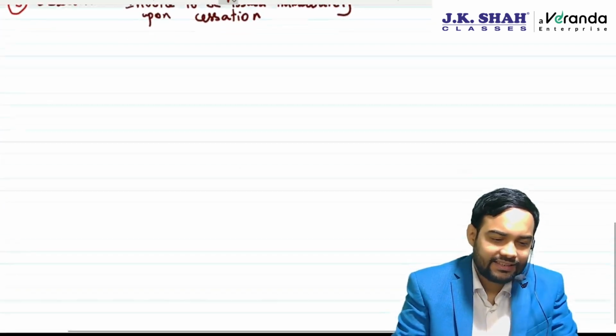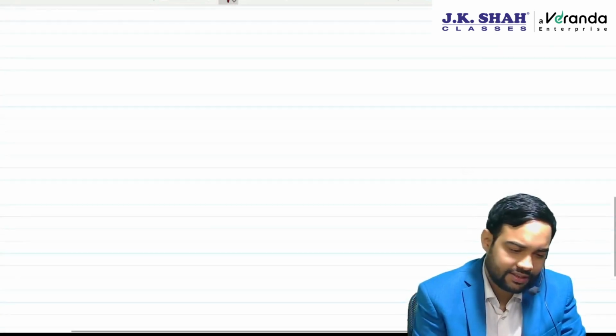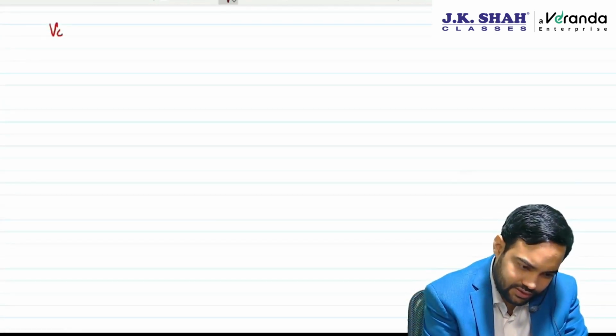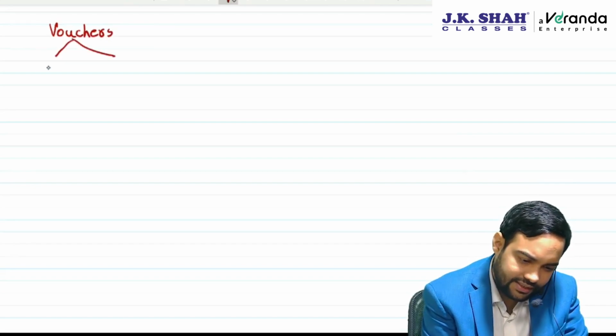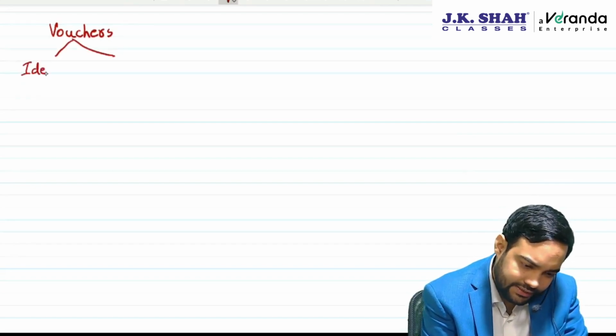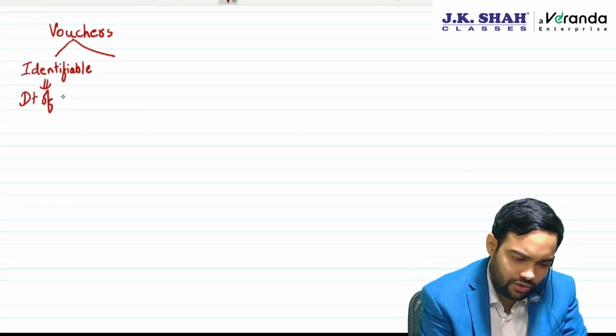Next, there are some common points, like vouchers. What will be the time of supply for vouchers? The law has said if the supply is identifiable at the time of issue of the voucher, then the time of supply will be the date of issue of such voucher.